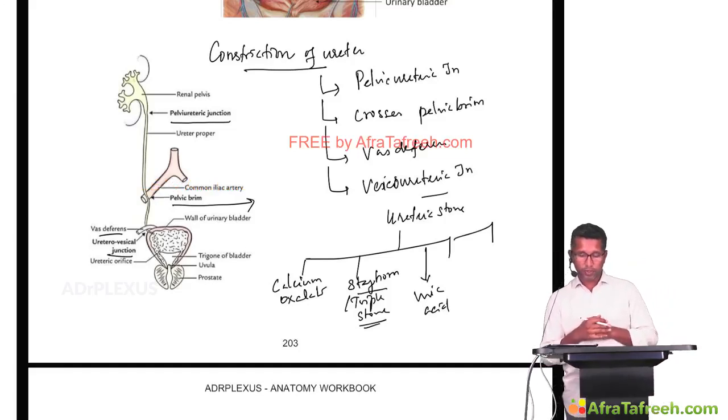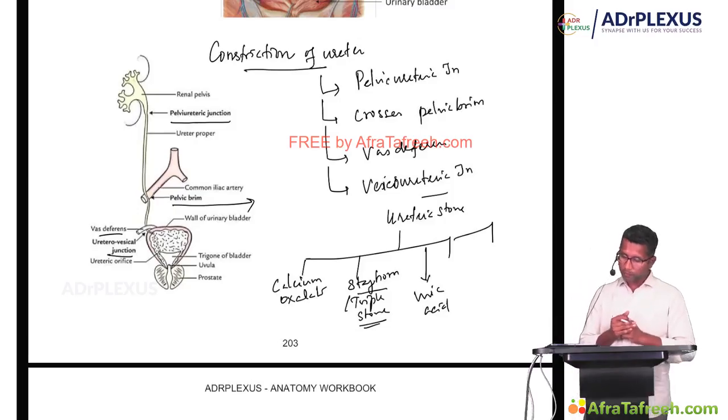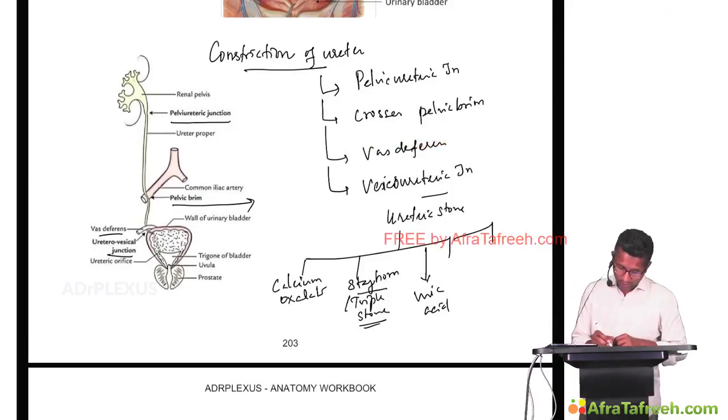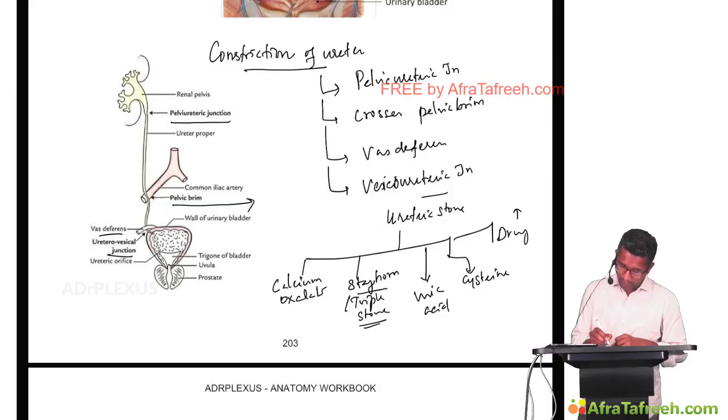It is due to cystathionine synthase deficiency that causes homocystinuria, which causes a stone called cystine stones. Sometimes when you take drugs like indinavir, they can cause stones. They are called drug related stones.